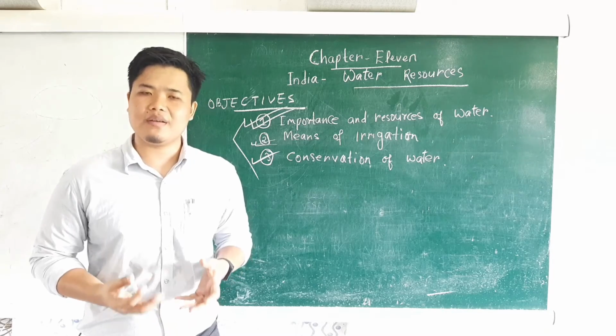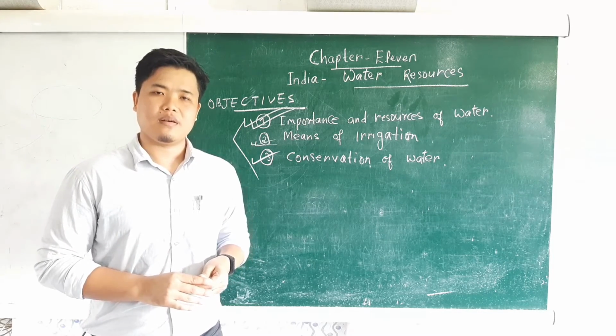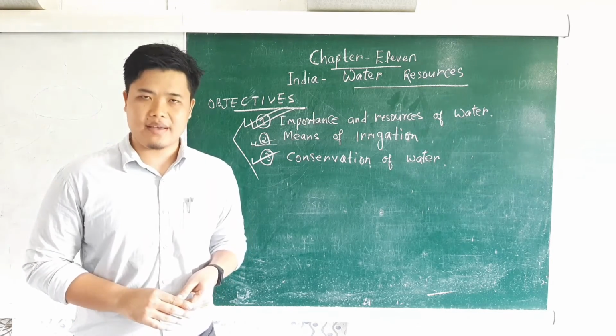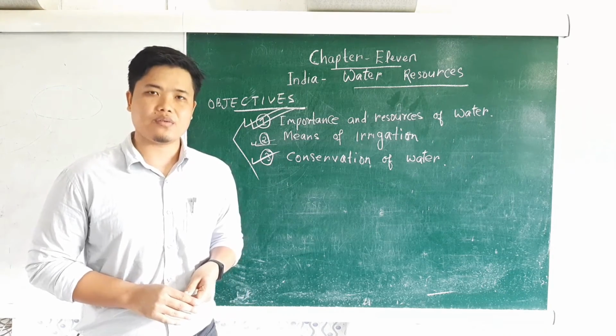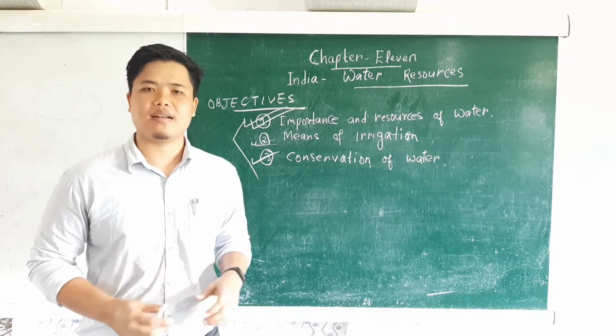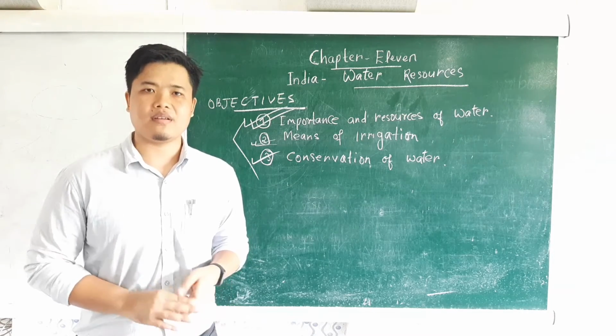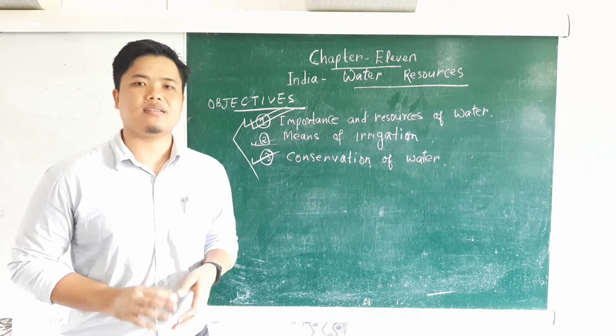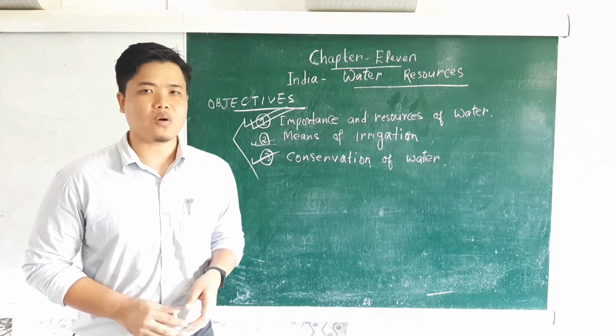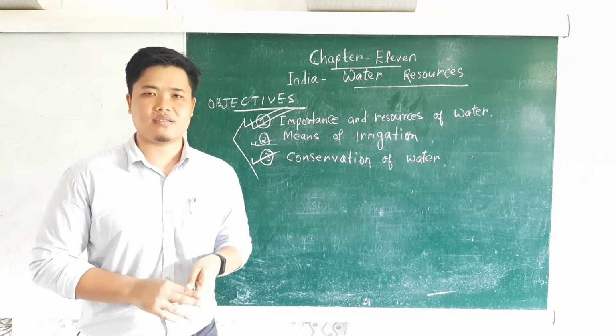There are many ways. Students at your age can play an important role. Adults at our age can play an important role in conserving our precious natural resources. Not only water, the forest.